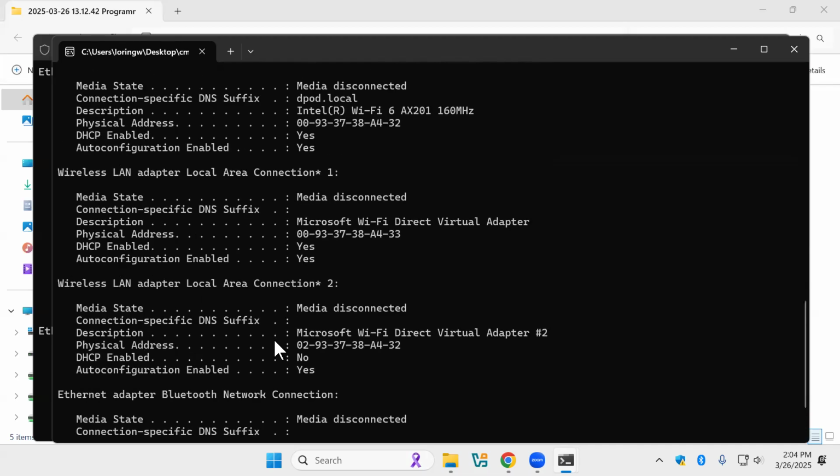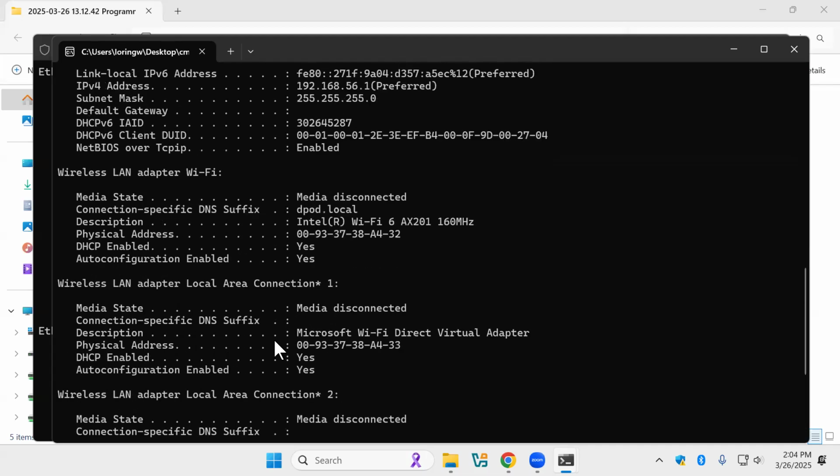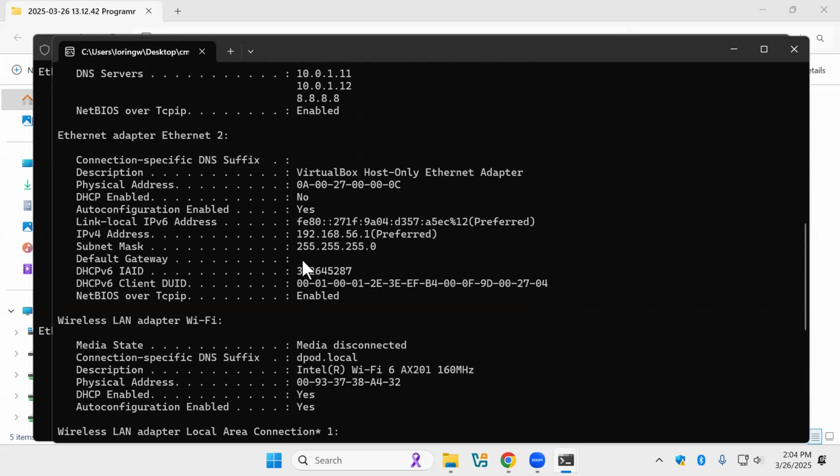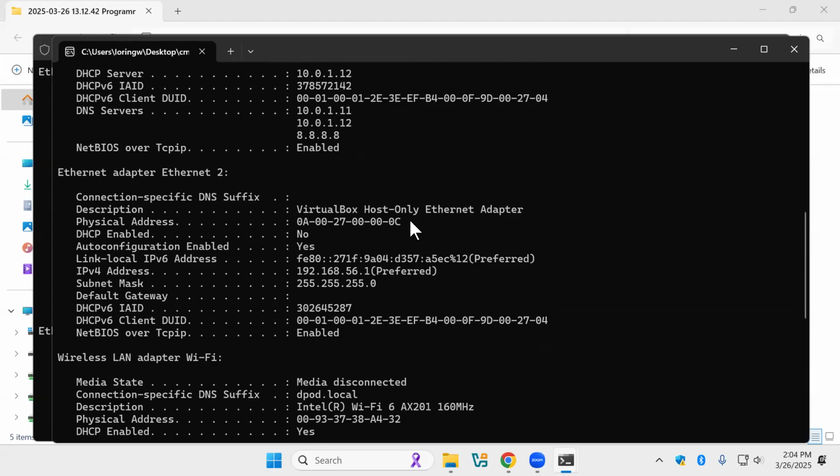I don't know what this Wi-Fi Direct virtual adapter business is, but it's not a real card. This is a physical card. This only has to do with VirtualBox, and it's nothing we'll ever use. We'll never touch this because it doesn't really exist. It's how VirtualBox connects to our network card to read the network.